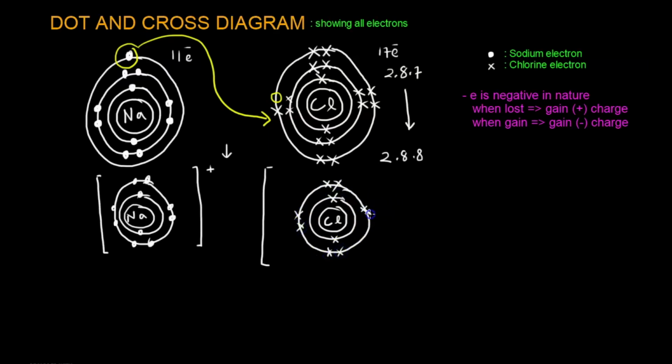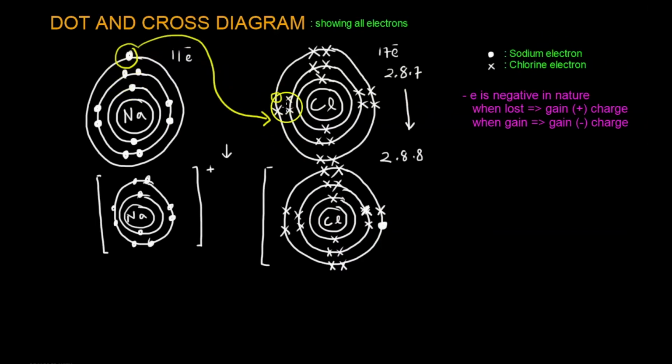Finally, this is its third shell of electrons with 1, 2, 3, 4, 5, 6, 7, and the final electron is a dot. Notice that this dot actually refers to sodium's electron, which means it came from here.